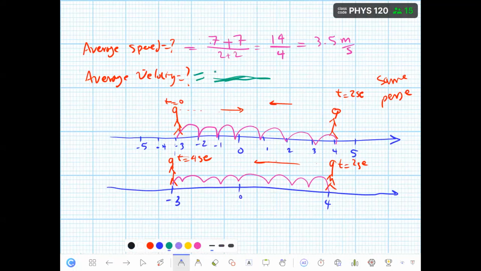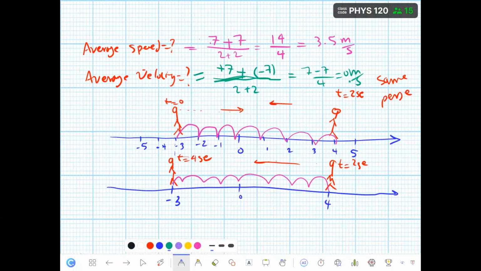Positive 7 plus I am moving 7 meter to the left. How should I write? Negative 7. Divided by, again, 2 plus 2. 7 plus negative 7 is going to be 7 minus 7. Yes? Okay. Plus minus is going to be negative. 7 minus 7 divided by 4 is going to be 0 meter per second.